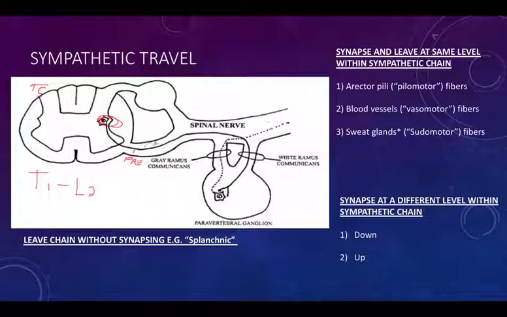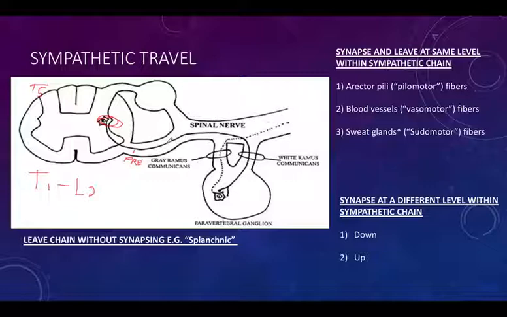It then travels through the spinal nerve. As a little side note, a true spinal nerve contains both sensory and motor within the same nerve. True spinal nerves actually only exist for a very short period of time before there's divergence of sensory and motor information.